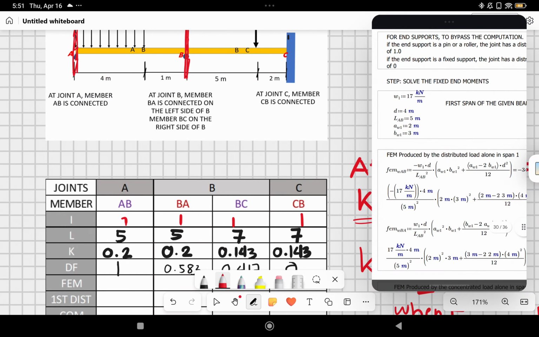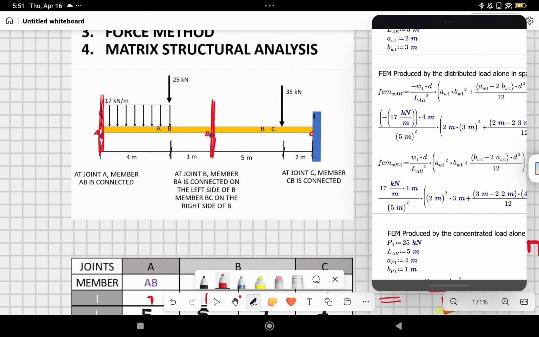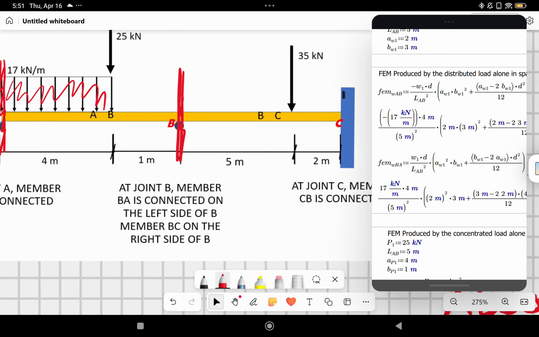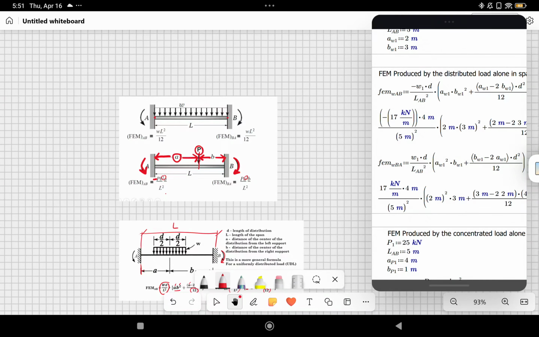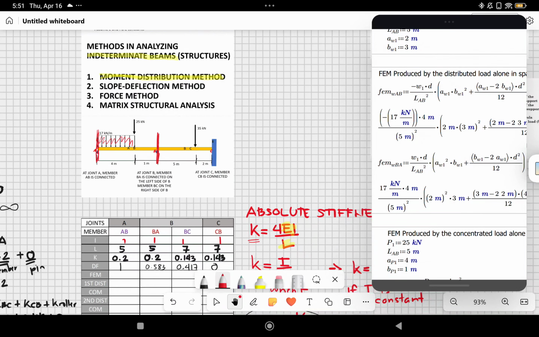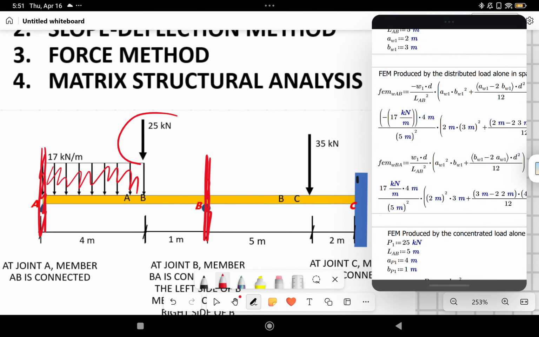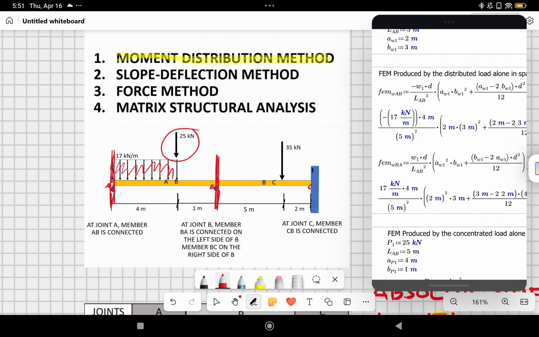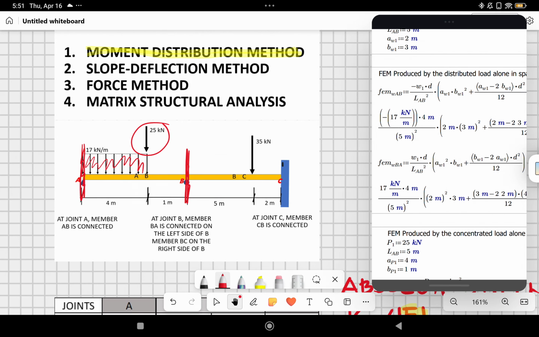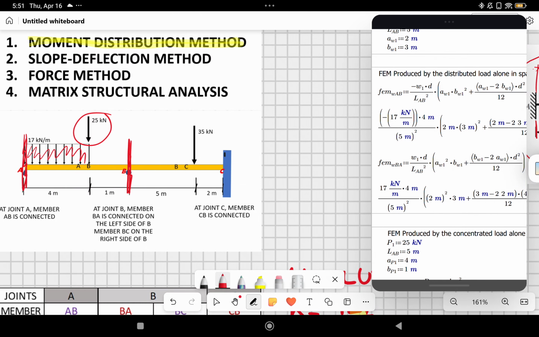Okay. So ito, I have solved the fixed end moments. So dito, dalawa yung case natin. We have a distribution, so we will apply not this one since hindi naman siya buo, but this one which is a more general. Okay, so we will apply that formula plus this concentrated will also produce a fixed end moment at that member.